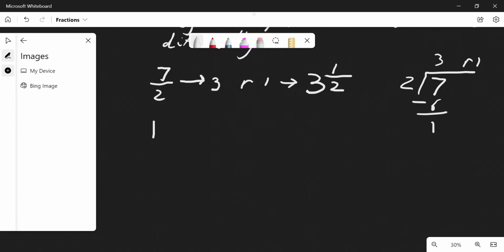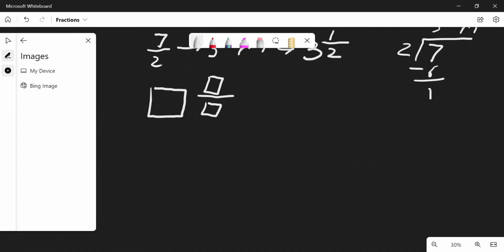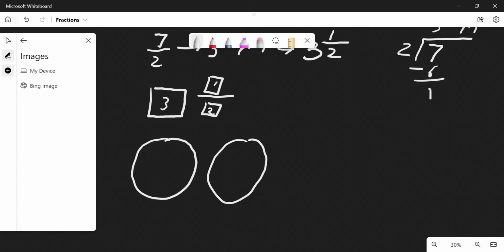It has a whole number part, then it has a numerator, and then a denominator in the fraction. But what is it telling you? It's telling you that if this 7 over 2 here, so we have 3 and 1 over 2, it's telling you that I have 3 full pizzas, 3 wholes.